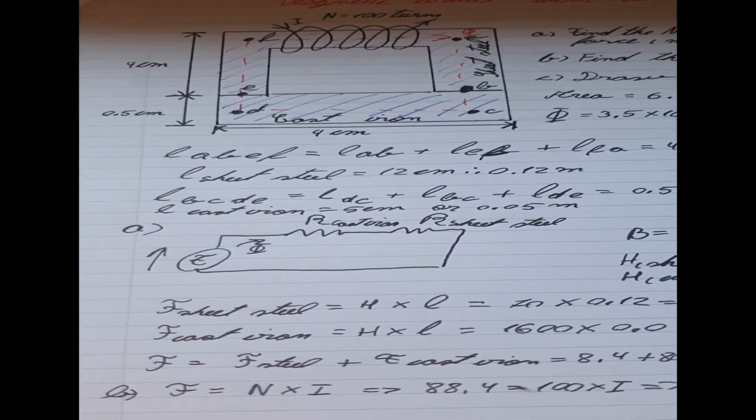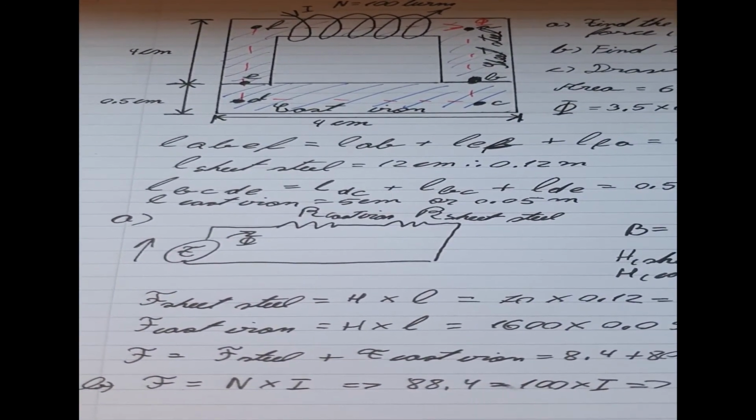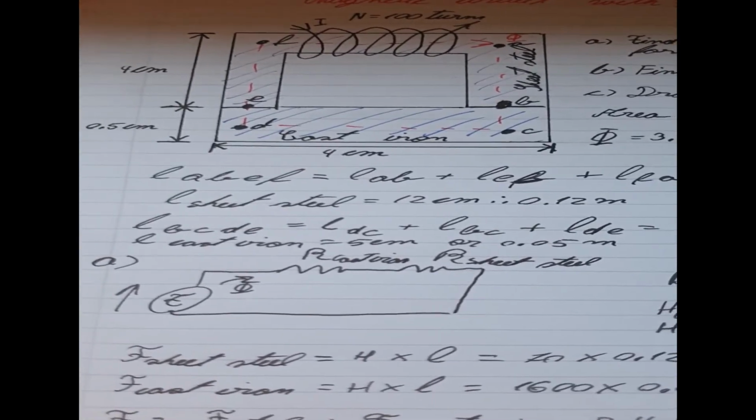Okay, so this one was another exercise. I will pause here and we are going to go to the next one. Hopefully you understand how to calculate the values when there are multiple materials.